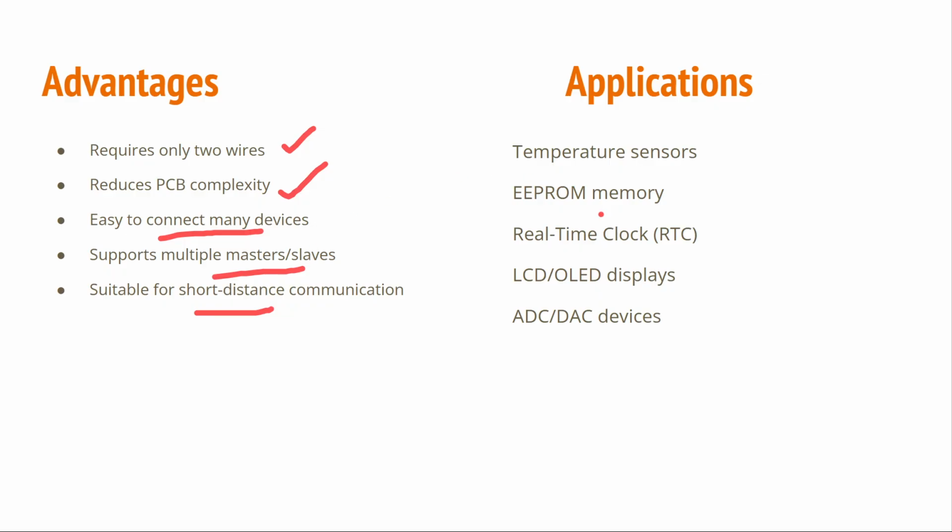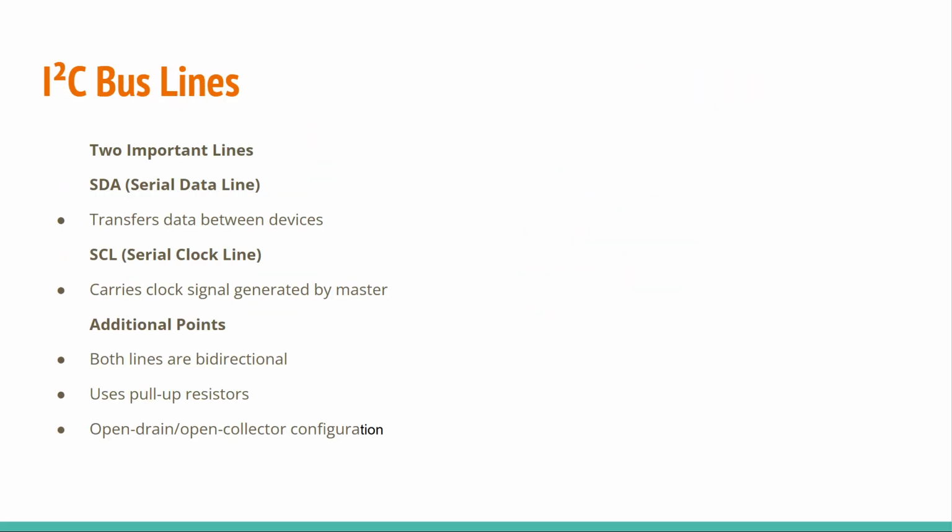Then applications: mainly it is used in temperature sensors, EEPROMs, RTC, OLED displays and LCD. In some modules, along with ground, VCC and the signal pin, you can see a clock and data line. Those come under I2C based sensors.